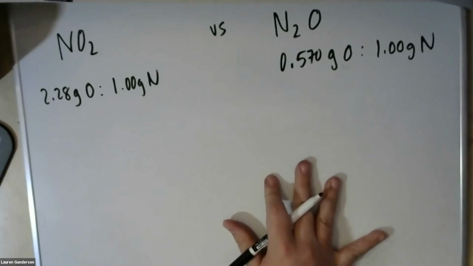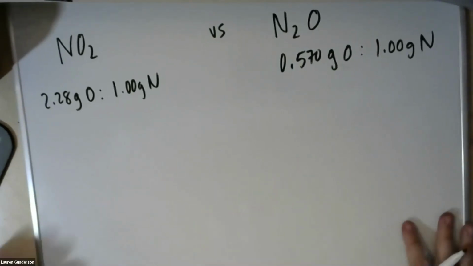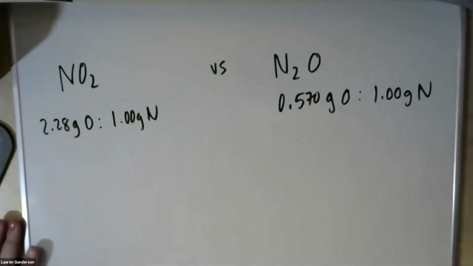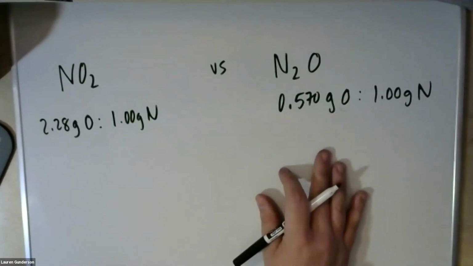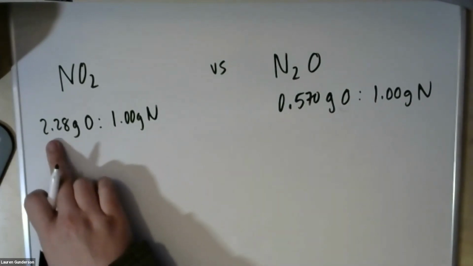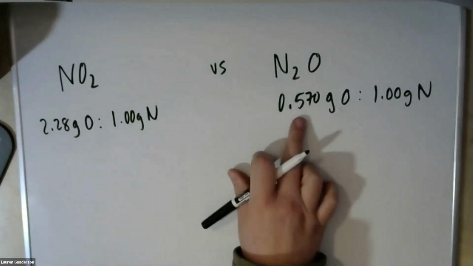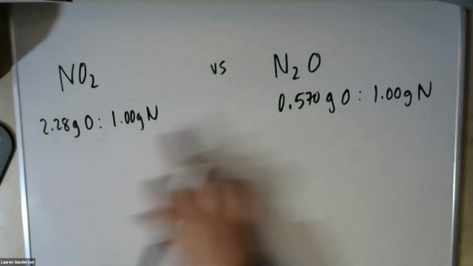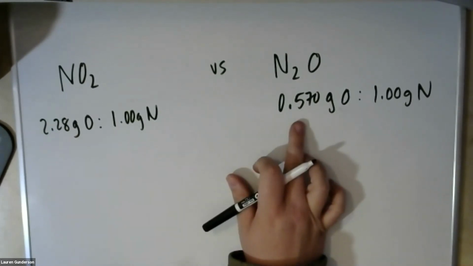So the law of multiple proportions is that law that said something like, if you have element A and B, if you look at the ratio of element A for every 1 gram of element B, the result of that ratio will be a small whole number.